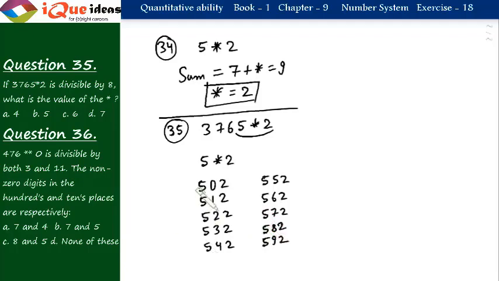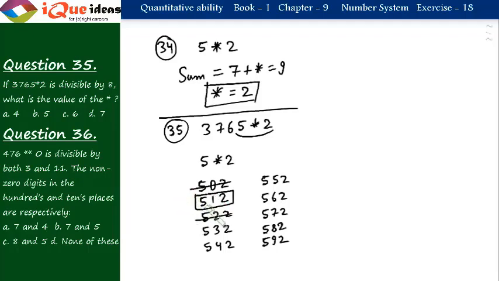I hope you can see that 502 is not divisible by 8. 512 is divisible by 8, alright, because it is 8 cubed. 522 divided by 8: you can see that 522 is not divisible by 8. 8 sixes are 48, so the remainder will be 4, 42 is not divisible by 8.